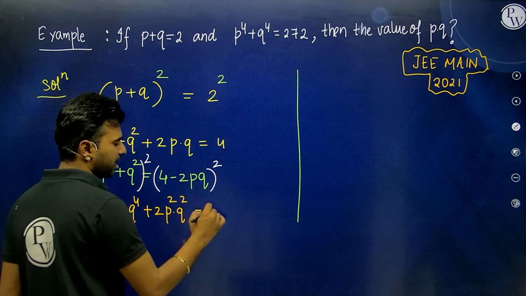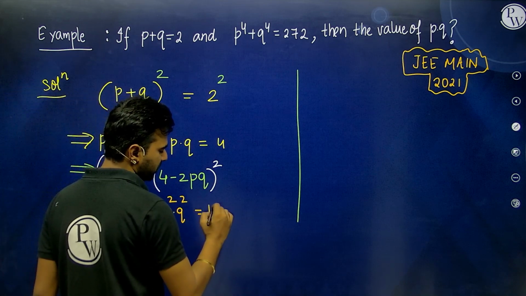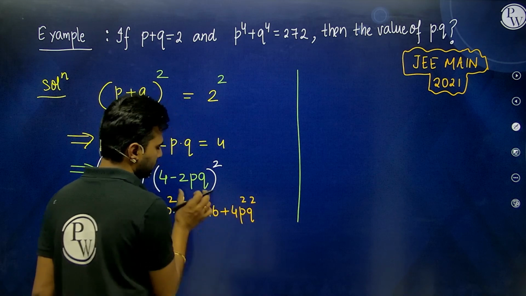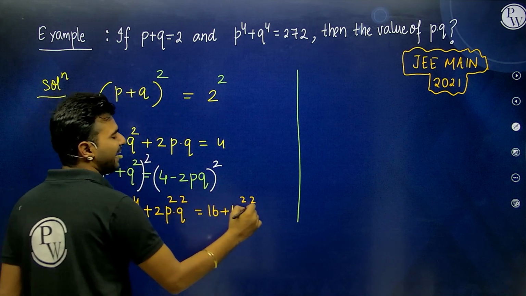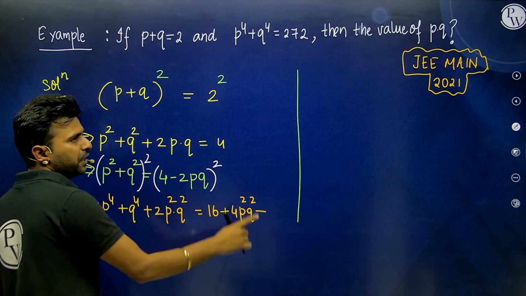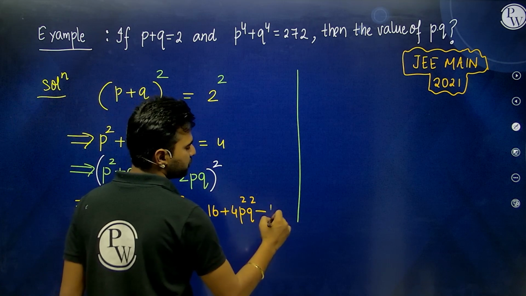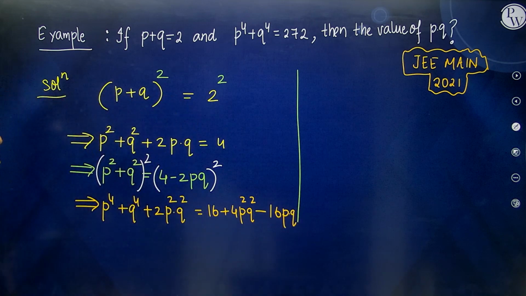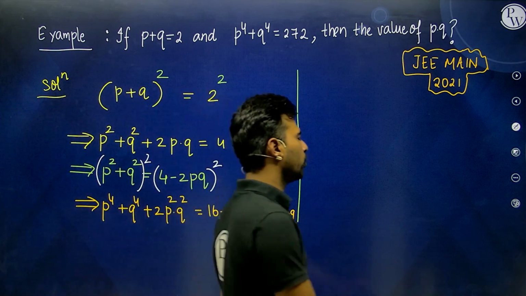Yes, so it will become 4 squared, that is 16, plus 4p²q², the square of this particular thing, minus 2 into 4 into 2pq. Yes or no? That is 16 times pq you're going to get. Everyone, are we comfortable till here? Anyone having any difficulty? Do let me know. No difficulty?